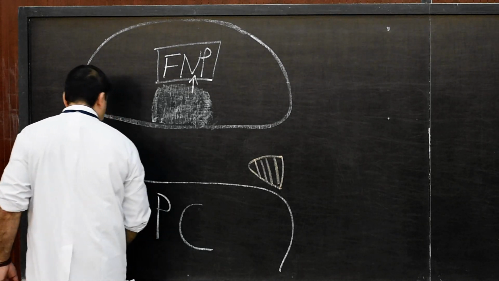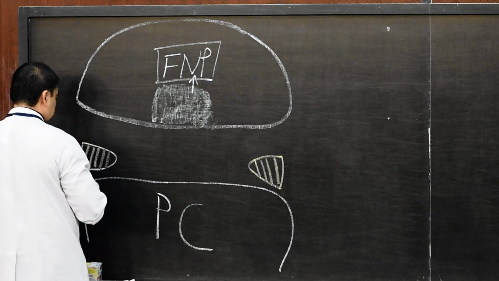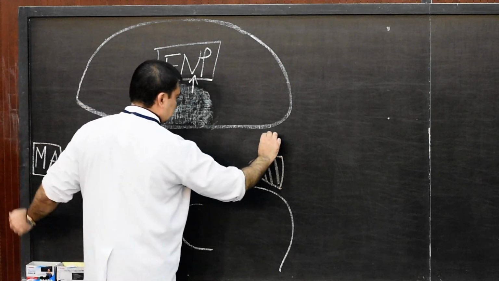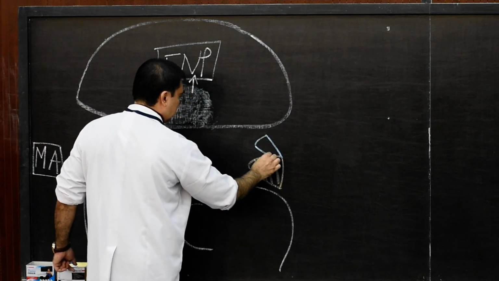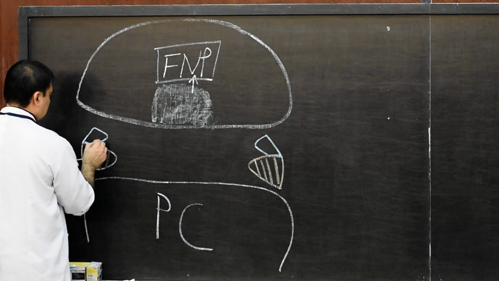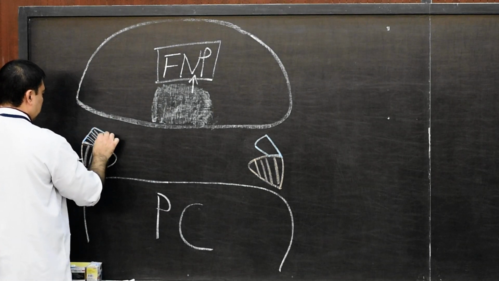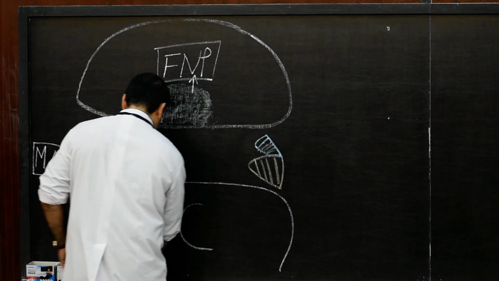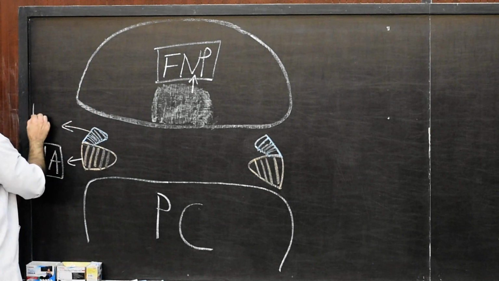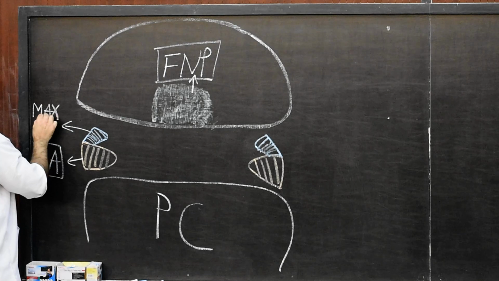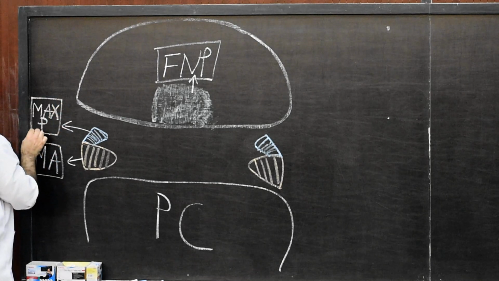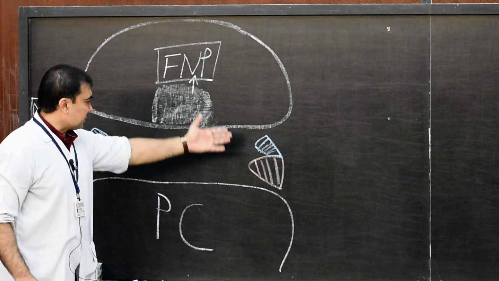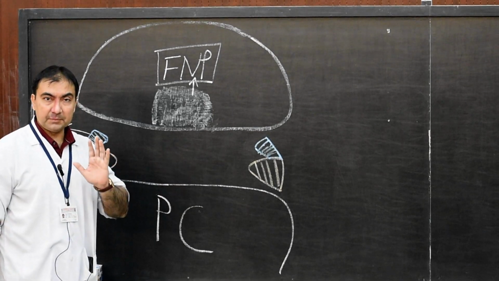Here I will use blue color. This will develop from the dorsal end of this mandibular arch. Just mark this as maxillary process. Here we complete our first diagram, first point. These are the structures from which the entire face will develop.